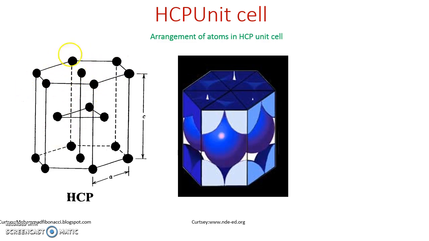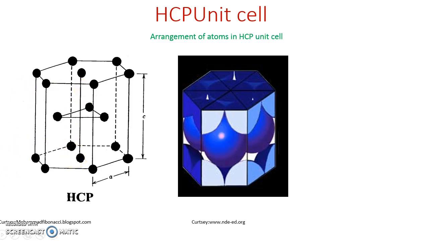So we are observing here, atoms are located at these 12 corners and also the base centered positions of these hexagonal faces. So this is the top hexagonal face. We are observing here one atom is located at the center. Similarly, at the bottom hexagonal face, we are observing another atom located at this center.